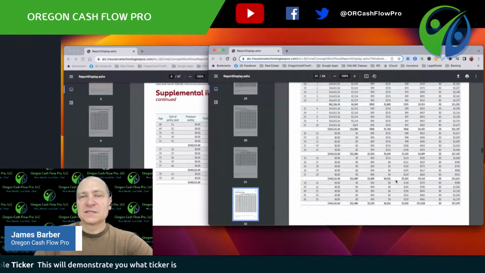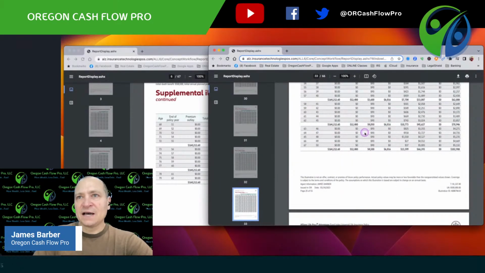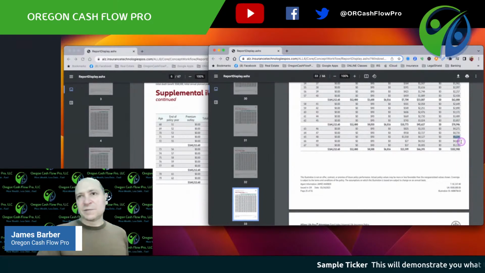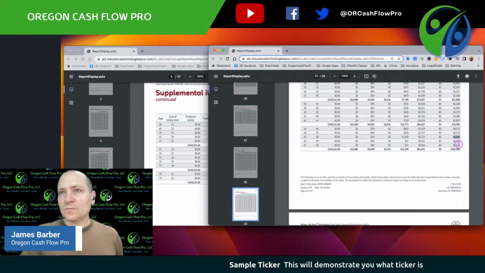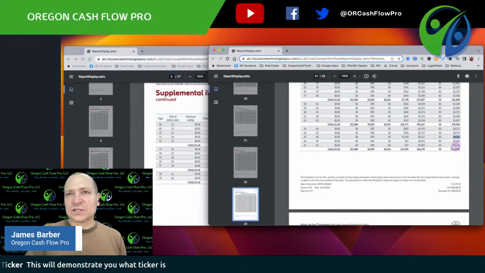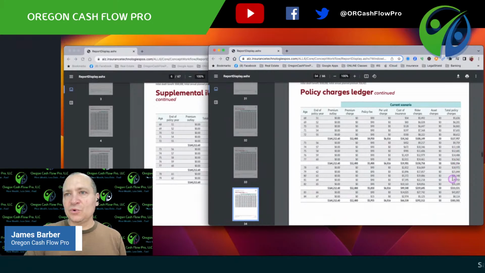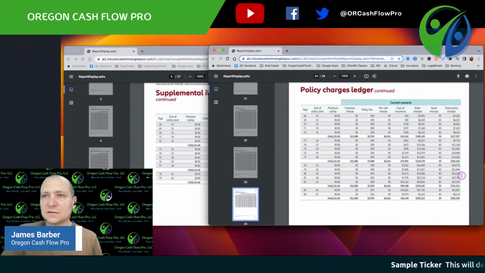What are our expenses? Here's our policy charges ledger. At age 65, here's retirement. $5,000 for that year is our expenses. Is it going to lapse suddenly? No. How many years can we go with just those expenses? You can go a lot of years before that eats up $200,000 in expenses.